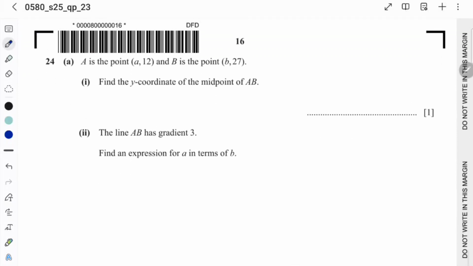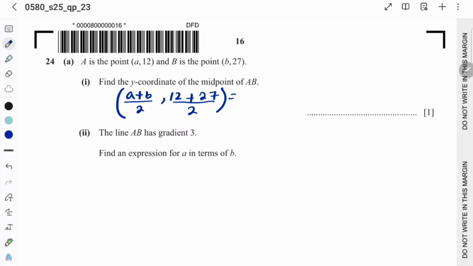Question number 24. In question number 24, A is the point (a, 12), B is the point (b, 27). Find the coordinates of the midpoint of AB. The midpoint formula is (x1 plus x2) upon 2, (y1 plus y2) upon 2. So (a plus b) upon 2 and (12 plus 27) upon 2.